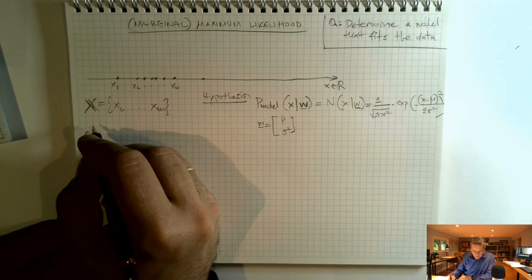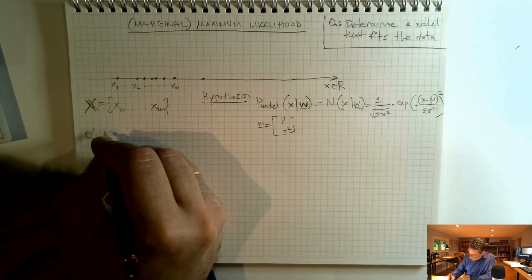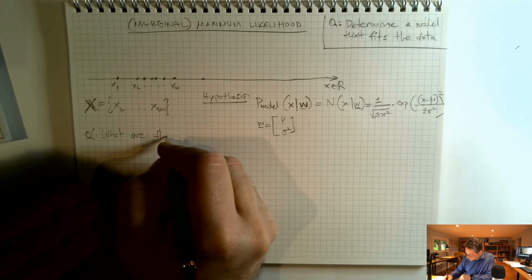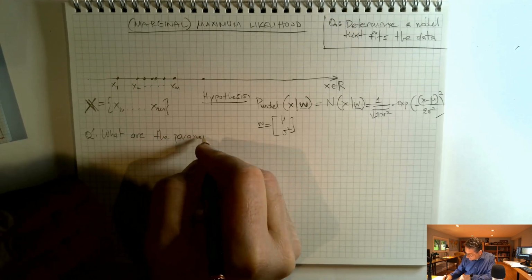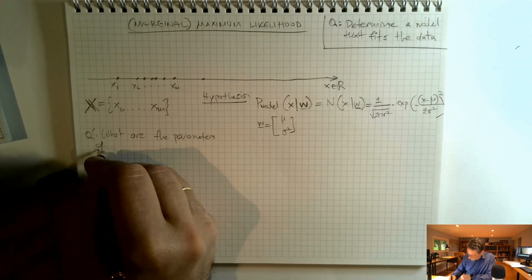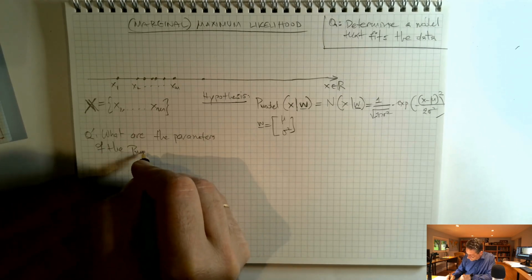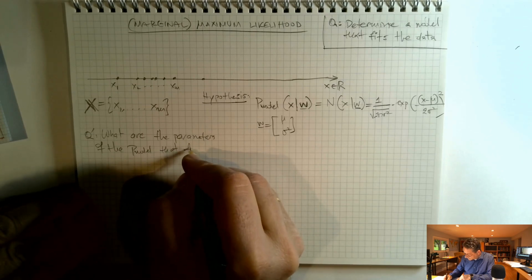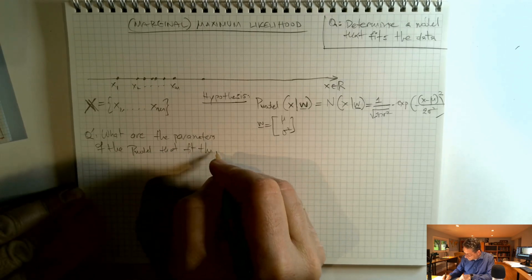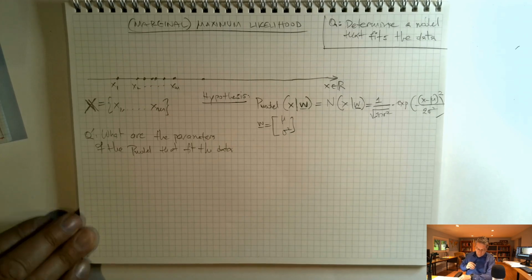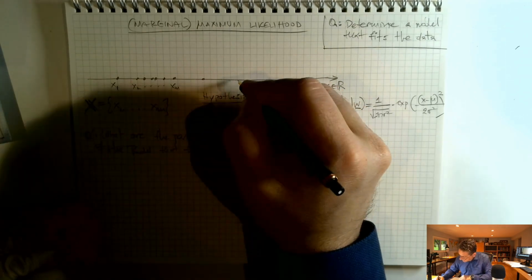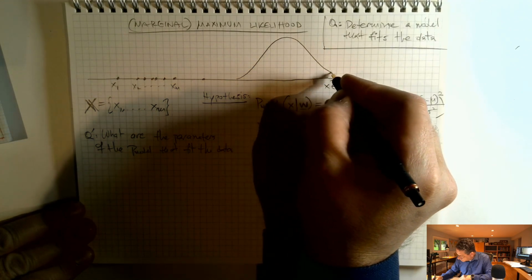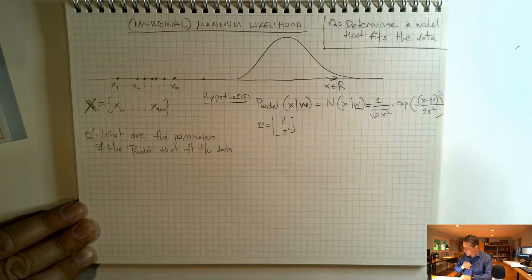This question is the following: what are the parameters of the p model that fit the data? So I might just draw this Gaussian distribution over here. Okay, so that's my p model.